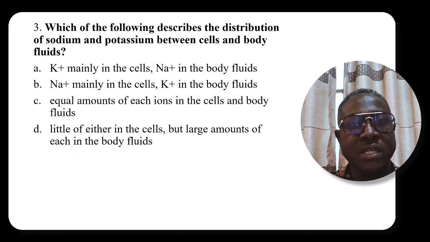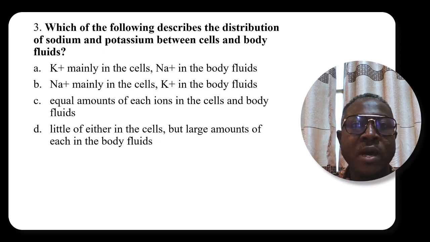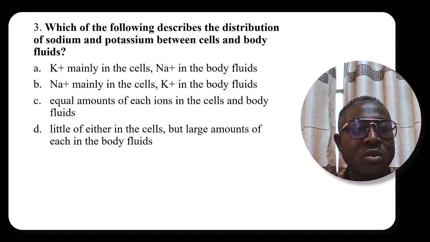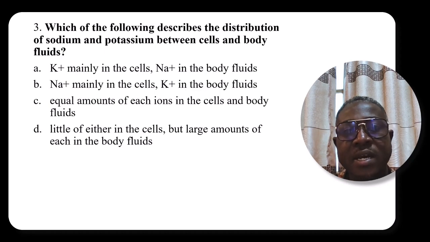The third question says: which of the following describes the distribution of sodium and potassium between cells and body fluids? A. potassium mainly in the cells and sodium in the body fluids. B. sodium mainly in the cells and potassium in the body fluids.